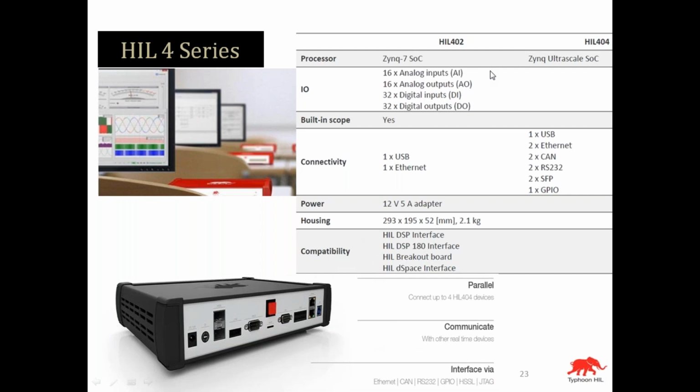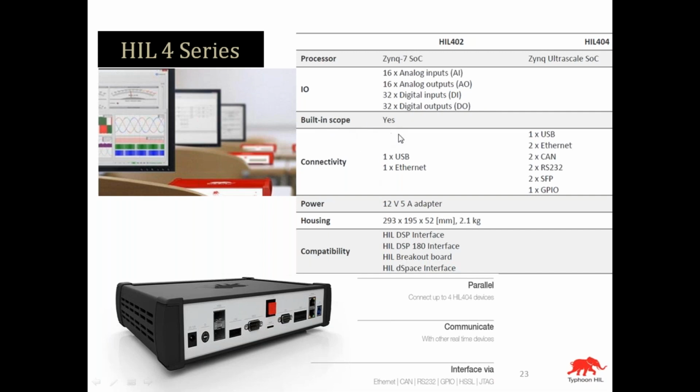These are compatible. The major difference is that 402 uses the Zynq 7 SoC and 404 uses the Zynq UltraScale SoC. The rest of the inputs and outputs, that is 16 analog inputs, 16 analog outputs, and 32 digital inputs and outputs, are common for 402 and 404.